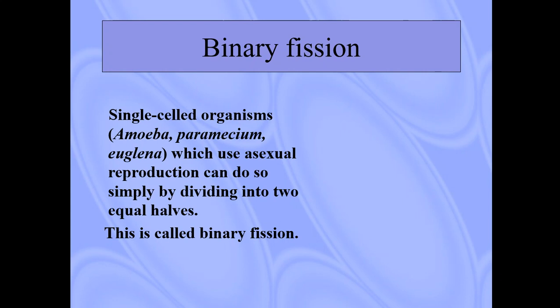These are single-celled eukaryotes which use asexual reproduction. This can be done by simply dividing into two equal halves. Hahatiin lang yung isang parent, magiging dalawa, and they are exact replicas. So, you call this binary fission.